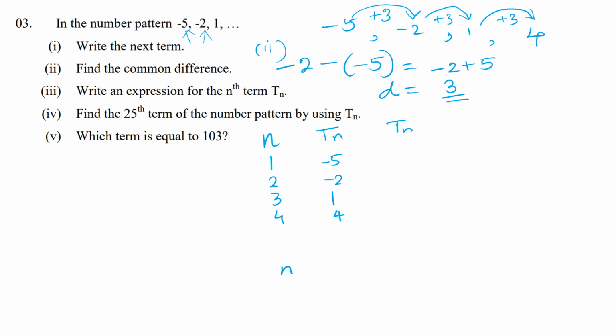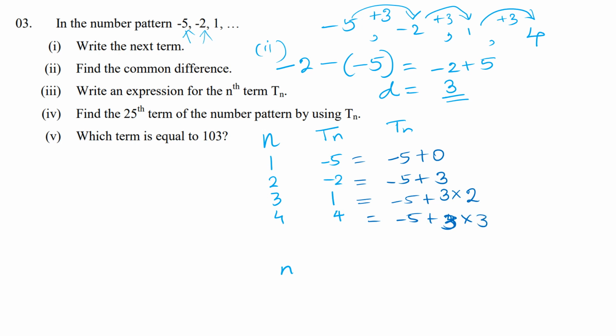I think you always have to go with the common difference. So I'll show you how to do this. Minus 5 is equal to minus 5 plus 0. Then minus 2 is minus 5 plus 3. Then 1 is minus 5 plus 3 into 2, and 4 is minus 5 plus 3 into 3.